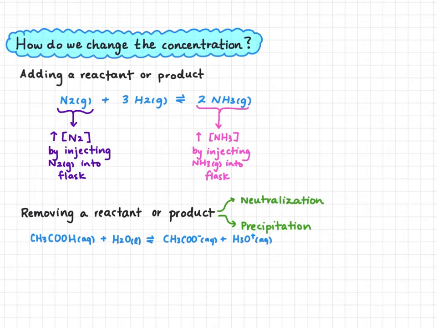If we wanted to decrease the concentration of hydronium ions, we can't simply pull them out of solution. We must react them with something. And one way to accomplish this is to add a strong base, so to add something like hydroxide, and the hydroxide is going to remove the hydronium by forming water. And so through this side reaction, we're able to reduce the concentration of our hydronium ions.